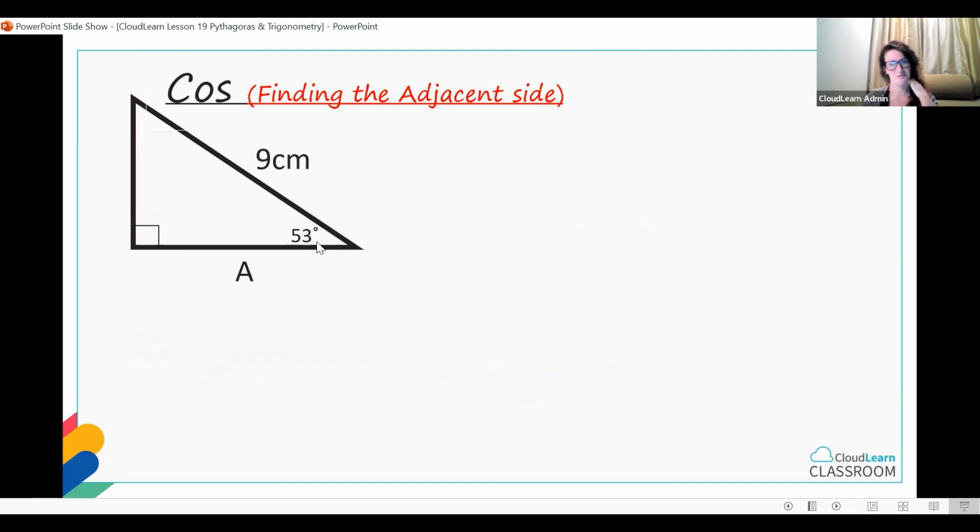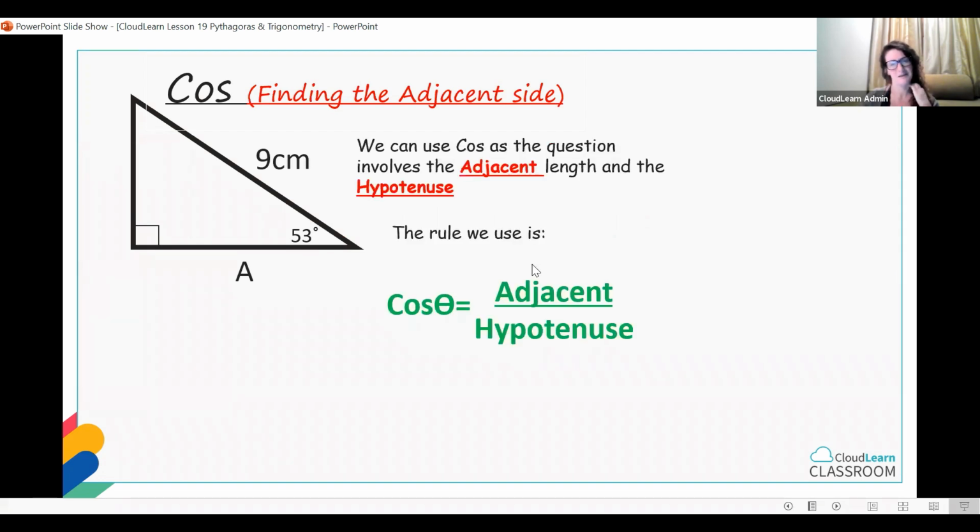So let's have a go at doing this one. Okay, so we've done that bit. We figured out the rule is going to be cosine. We're going to substitute the angle in. So cosine of 53 is going to be equal to the adjacent side divided by the hypotenuse. We're looking to find the adjacent side. So again, it's slightly easier because it's on the top of the fraction, on the numerator. So all we need to do is multiply both sides by 9, and the adjacent side is going to be 9 times cosine of 53.